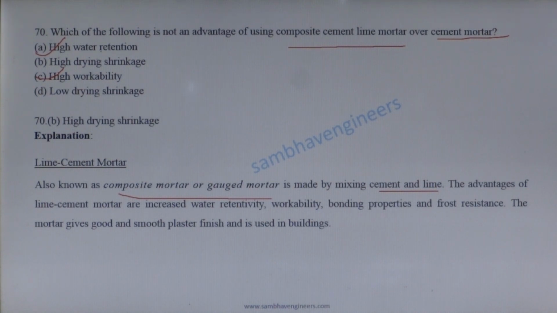High drying shrinkage is not a desirable property of mortar, but low drying shrinkage is a desirable property of the mortar. So correct answer is option B, high drying shrinkage.